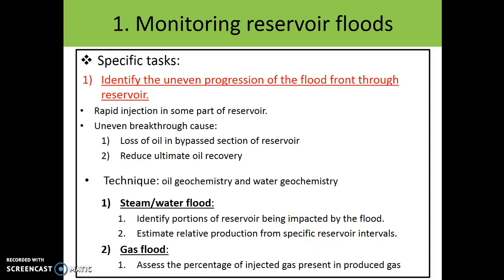For the gas flood, usually industry people will use the compositional data of the injectant gas, the solution gas and the produced gas to assess the percentage of the injected gas present in the produced gas.